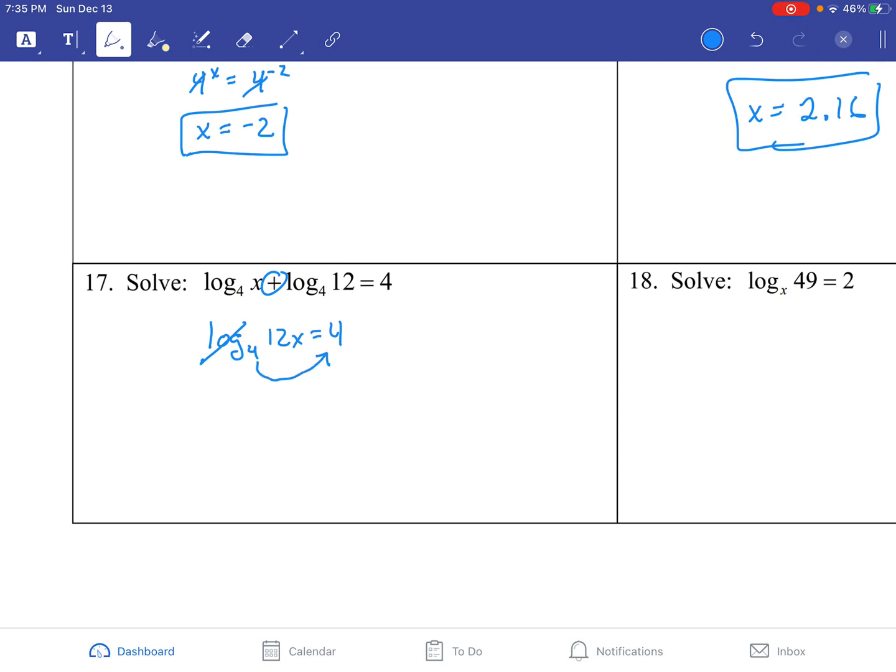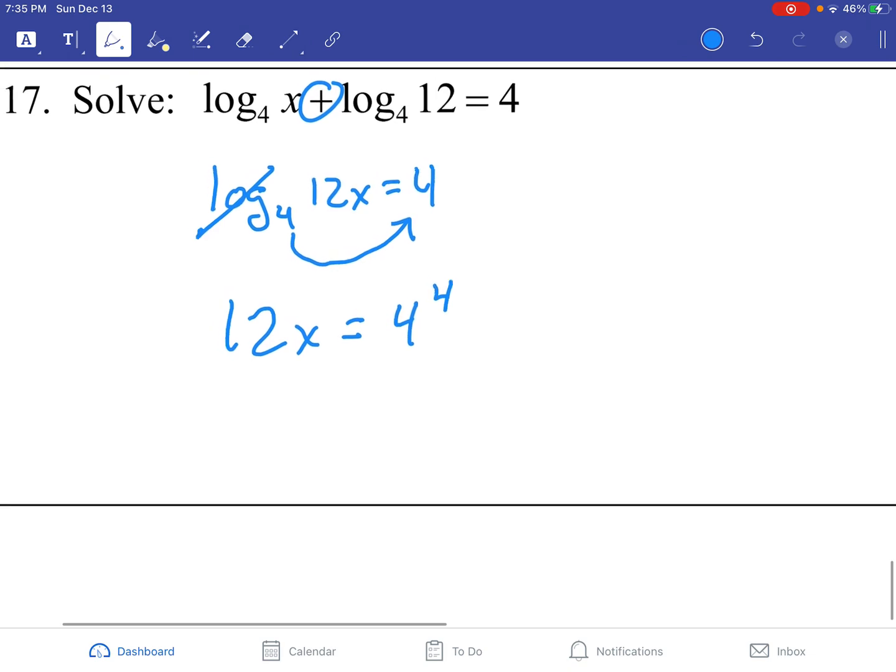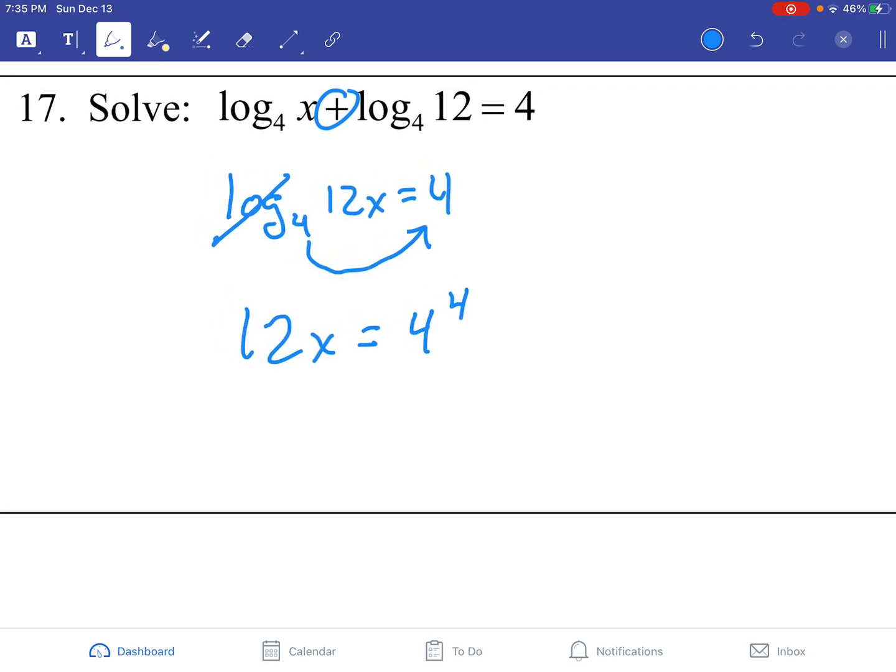The 4 as a base becomes the base of the exponent, so we have 12x equals 4 to the 4th power. Well, 4 to the 4th power is 256. That equals 12x. Divide both sides by 12, and x will equal, let's make that a fraction, 64/3.